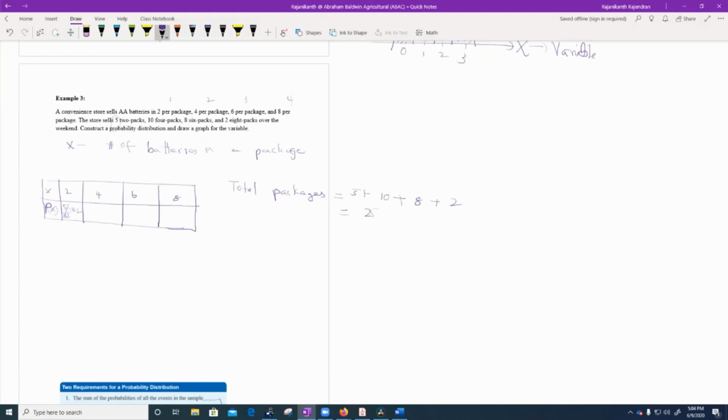In a similar way, ask yourself how many 4 battery packs are sold. 4 battery packs are 10 out of 25. So that should be 0.4. Then how many 6 battery packs? There are 8 of them out of 25. So 8 over 25 should be 0.32.